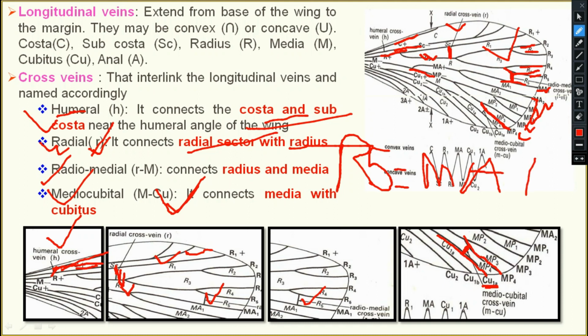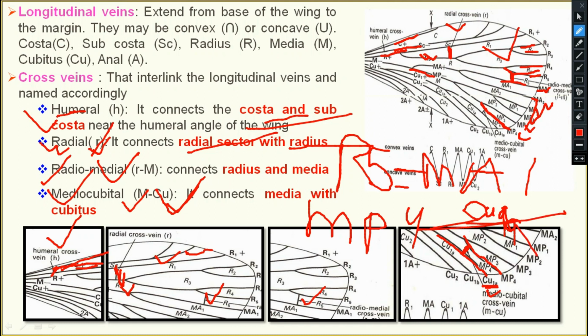Up to this clear? That is your radiomedial. What is mediocubital? That is your MP4 and CU1A. Sorry, I told wrongly. Very good.